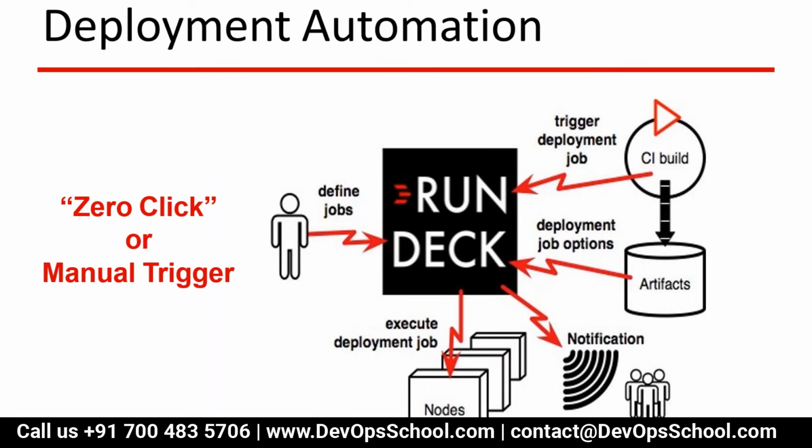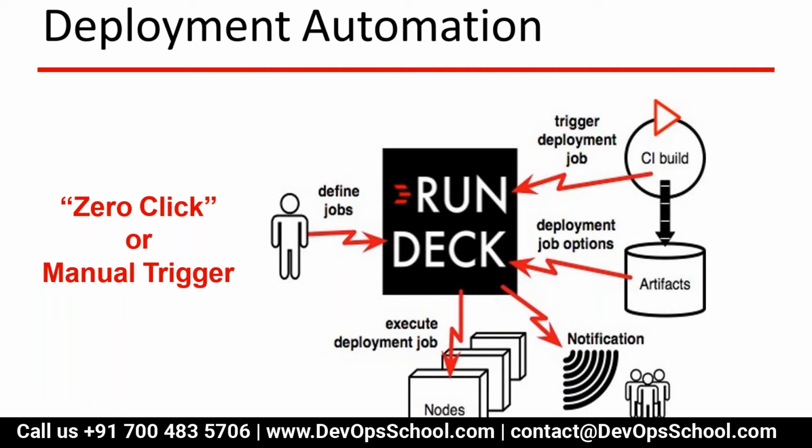Okay, you can use Rundeck for deployment automation also. Zero click or manual trigger. You may use deployment automation with CI tools like Jenkins and deployment tools like Ansible, Puppet, Chef, and artifacts you can have in Artifactory, Nexus. So you can use it for automating deployments also.